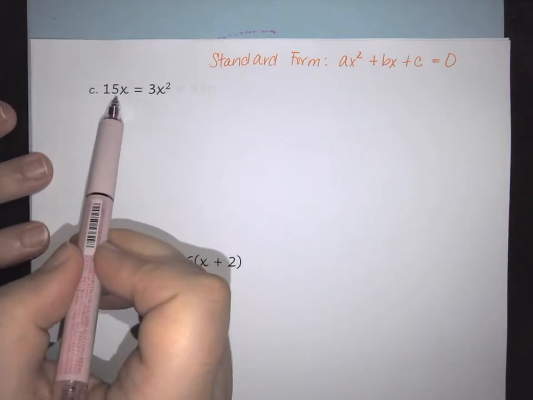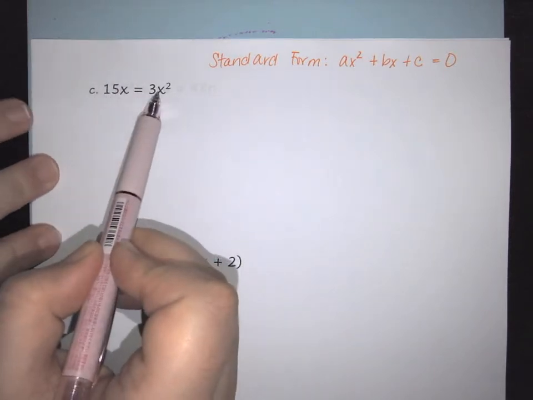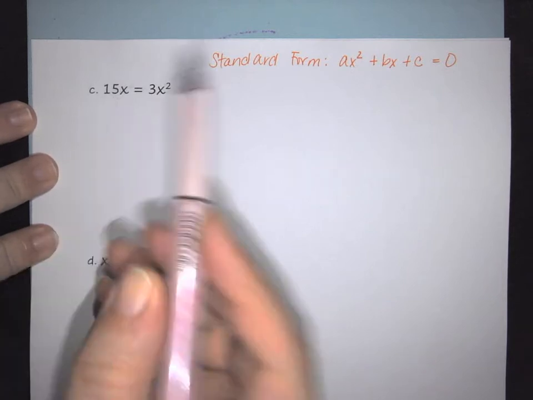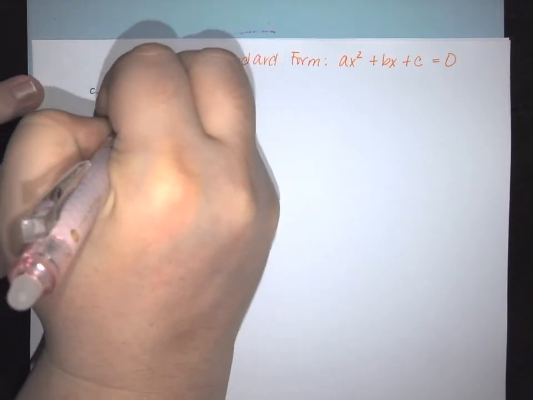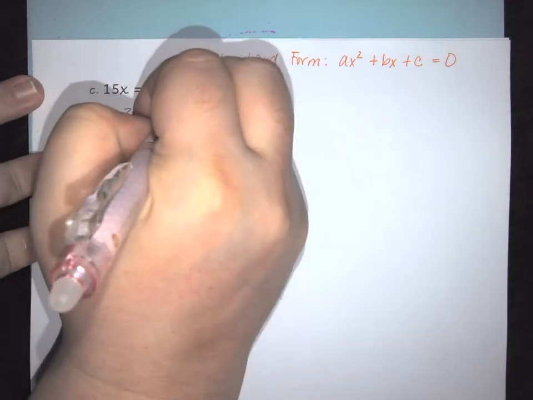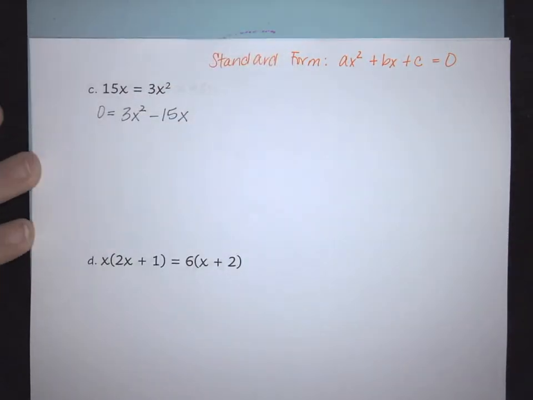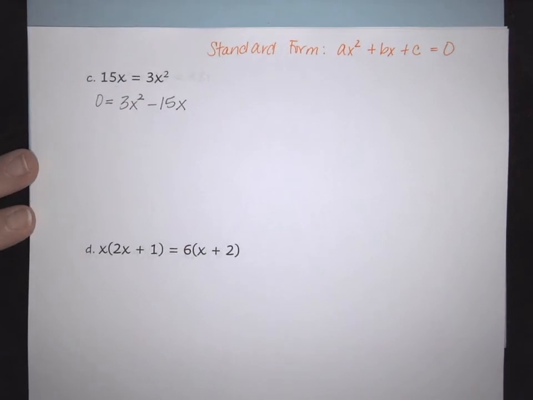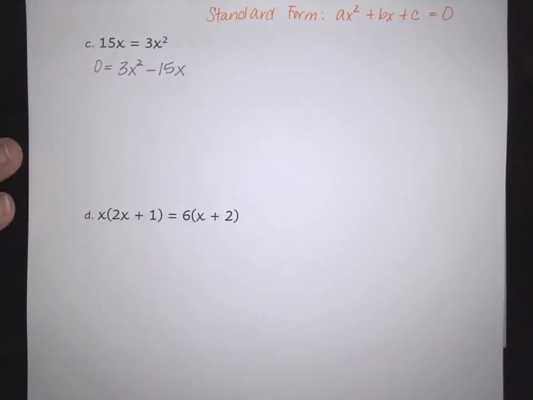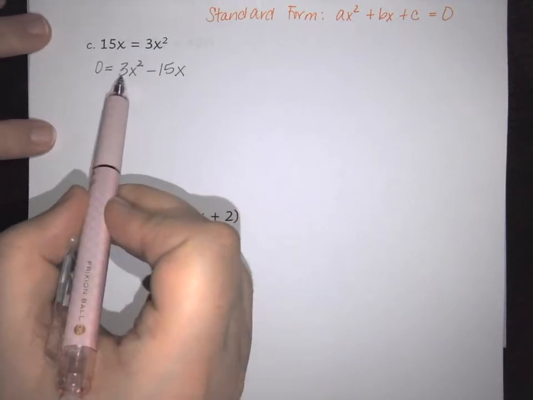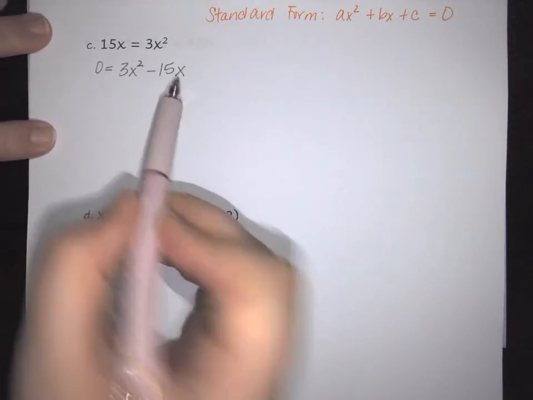So here if you look, I have 15x equals 3x squared. So I'm going to take this 15x and move it. So I have 0 is equal to 3x squared minus 15x. Now, once you do that, and you get it set equal to 0, the very first thing you always want to do is look and see if you have a GCF. So here I have a 3x squared and a 15x.